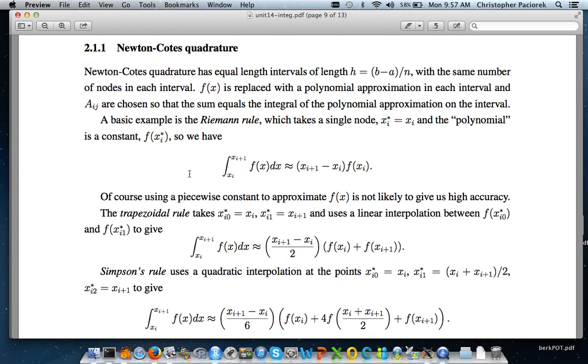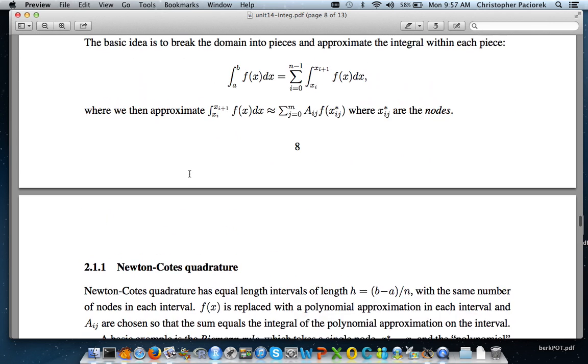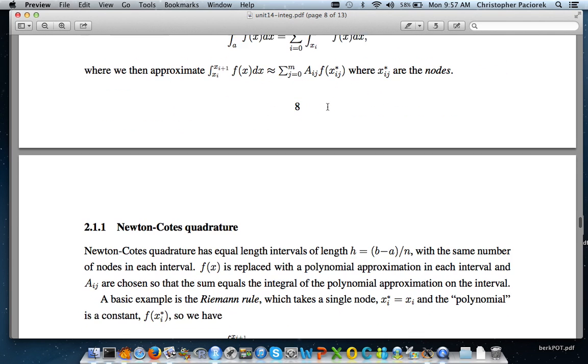I'm going to evaluate f at each of the beginning points of the interval. One approximation I can do is a Riemann type integral, where I just add up the area of each of the boxes, and that serves as my approximation.